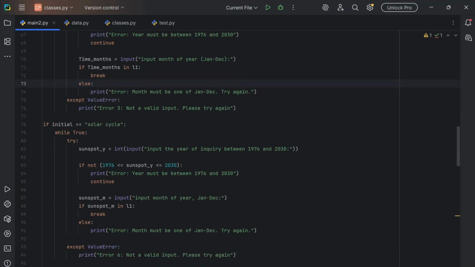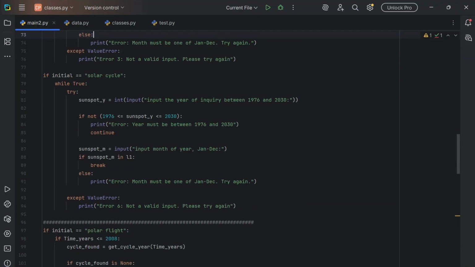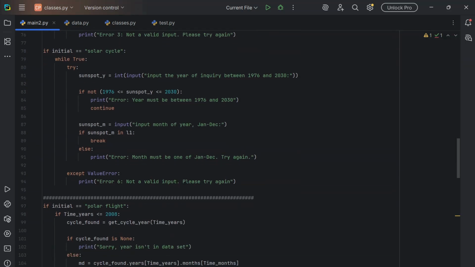If the input was solar cycle, then it lets the user input a year and month. However, there is a limit. The year has to be between 1996 and 2030. Granted, our data is between 1996 and 2008, so 2009 through 2030 is the prediction part, which we'll get to later.